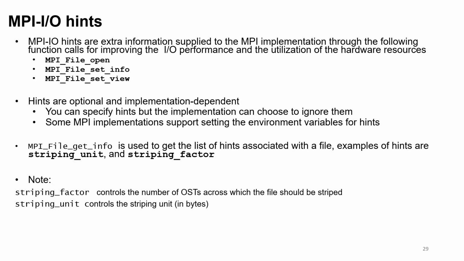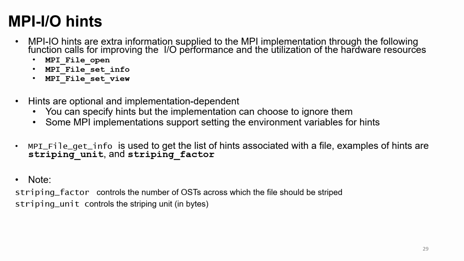Through MPI I/O hints, we provide extra information to the MPI implementation for optimizing I/O. Hints are specified via info objects, and they let us provide information such as file access patterns and file system specifics that can enable optimization.